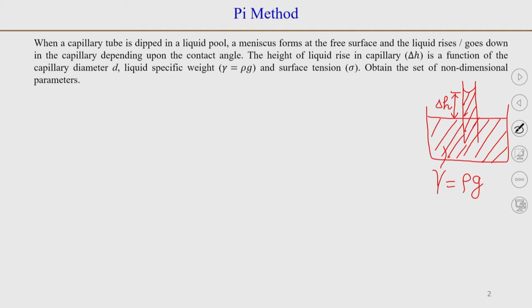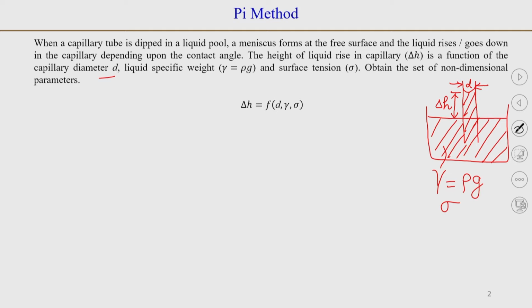So, the liquid rise in the capillary, delta H, depends on the diameter of the capillary, d, the specific weight of the liquid, and surface tension. Of course, it will also depend on the contact angle, but that will give us a non-dimensional number anyway. So, what we need to do is combine these and find a set of non-dimensional parameters.